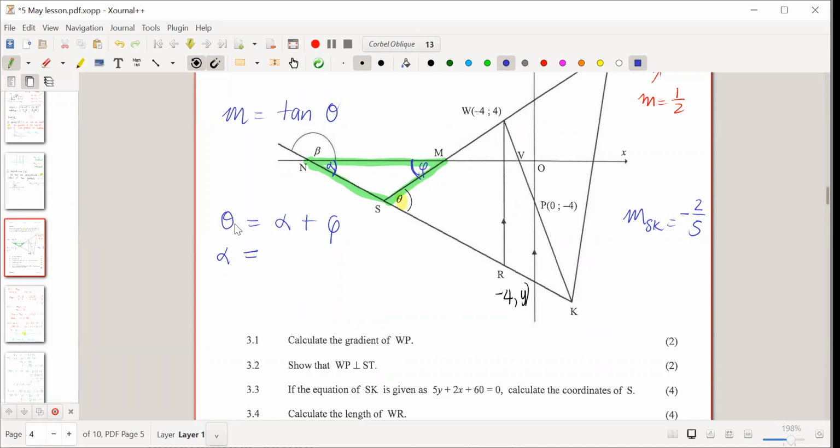And what we need to do is find out what is tan inverse of negative, well, we can just put in 2 over 5, that's fine. Okay, so I need you to do that. I've got a calculator here, but I've got no light. So I'm going to try.